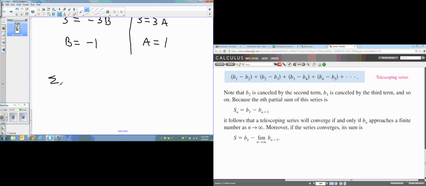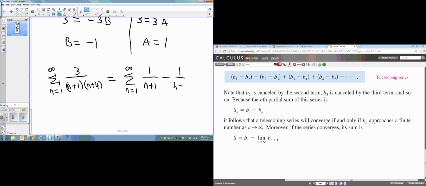The sum from n equals 1 to infinity of 3 over n plus 1 times n plus 4 is the same as the sum from n equals 1 to infinity of 1 over n plus 1 minus 1 over n plus 4.